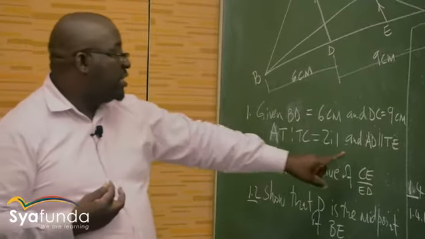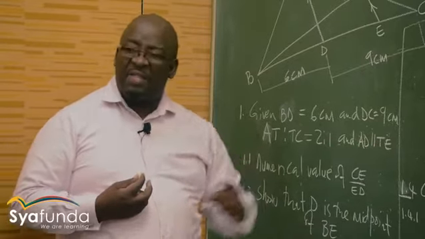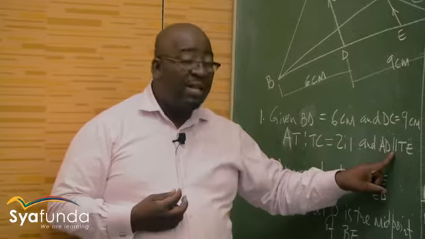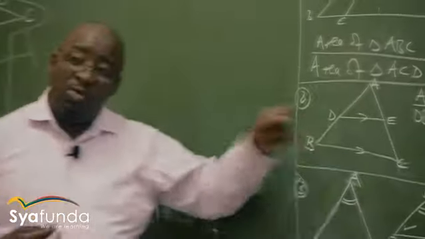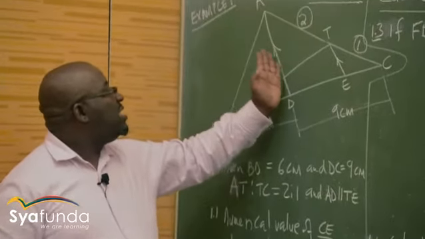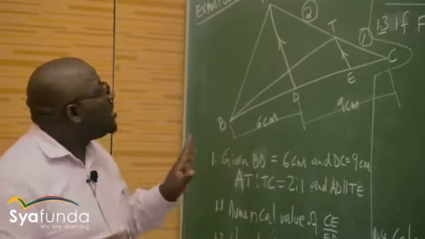We're also given that AD is parallel to TE. That's my keyword. AD is parallel to TE. Parallel, parallel, that's why we bring in this theorem. Now, what is this saying to us?